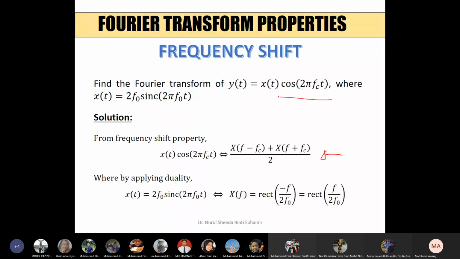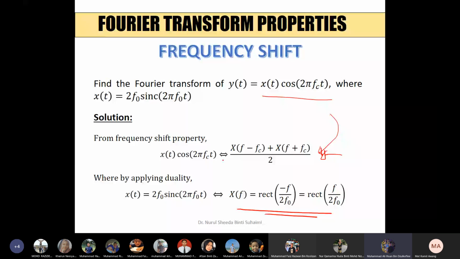So this can be transformed into this, whereby applying the duality of x of t, 2 f naught sinc 2 pi f naught t, you get this rectangular, right?